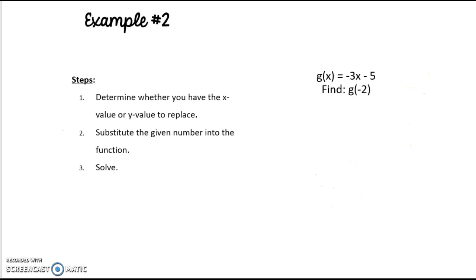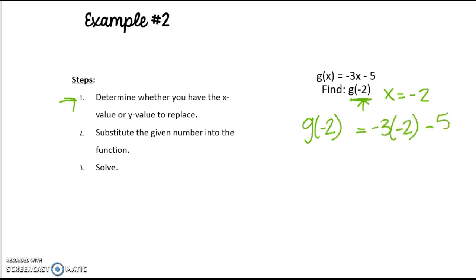Let's go ahead and take a look at another example. So we're going to determine whether you have the x value or y value to replace. And I'm trying to find g of -2, which means I'm replacing all of the x's with -2. I'm going to go ahead and substitute that in. So g of -2 equals -3 times -2 minus 5.